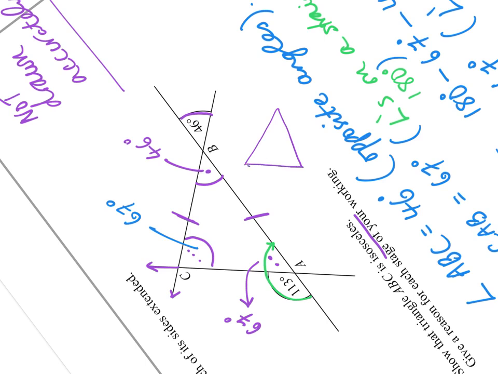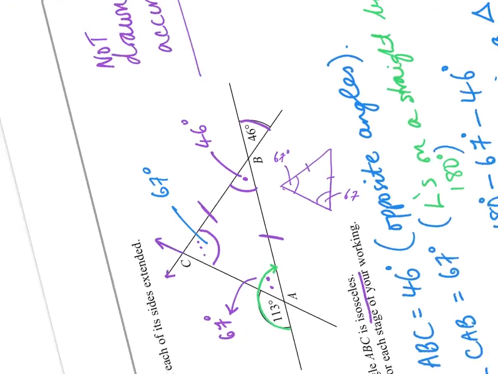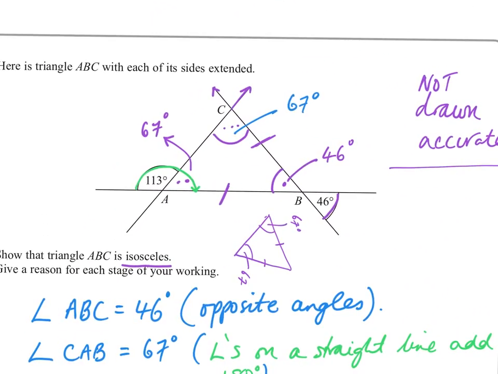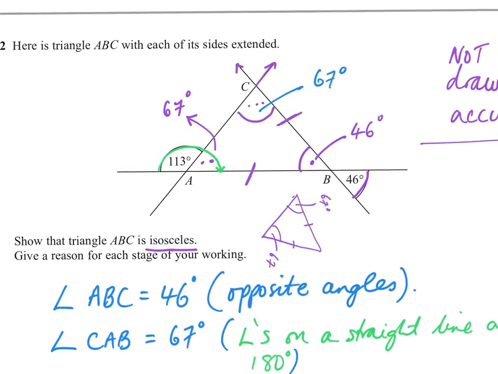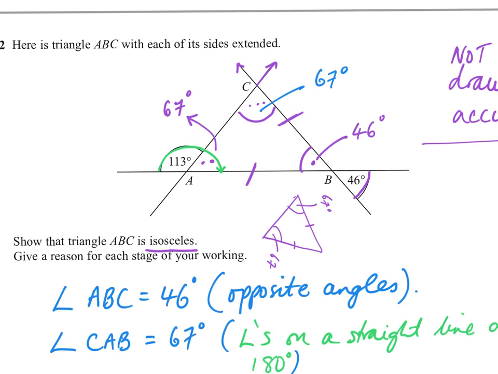So we'd have 67 here, this would be 67, and there'd be the lengths that were the same, and these base angles would be the same. In this situation I didn't use the word base angles because the triangle was in a different orientation. The 67s were not on a base, as in on the horizontal.